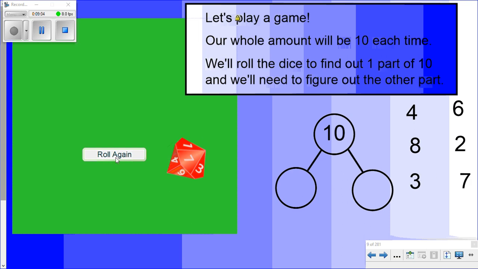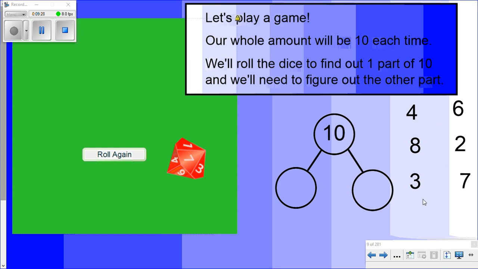We still have some time. Let's roll again. I want to get a different number that we haven't used yet. Let's look what numbers we haven't used yet. Have we used a 1? No, maybe we can get a 1. Have we used a 2? Yes. A 3? Yes. A 4? Yes. A 5?